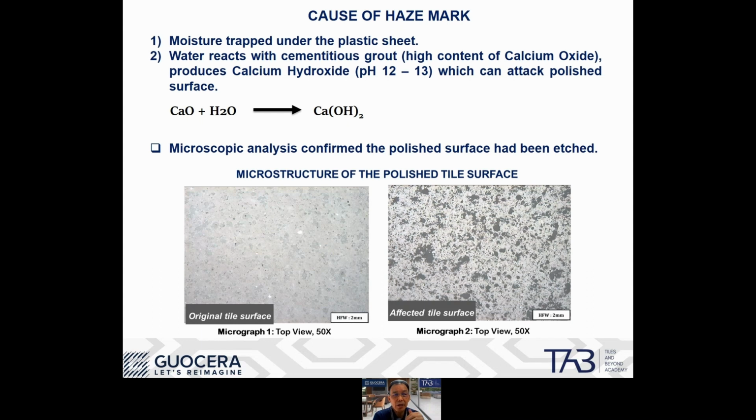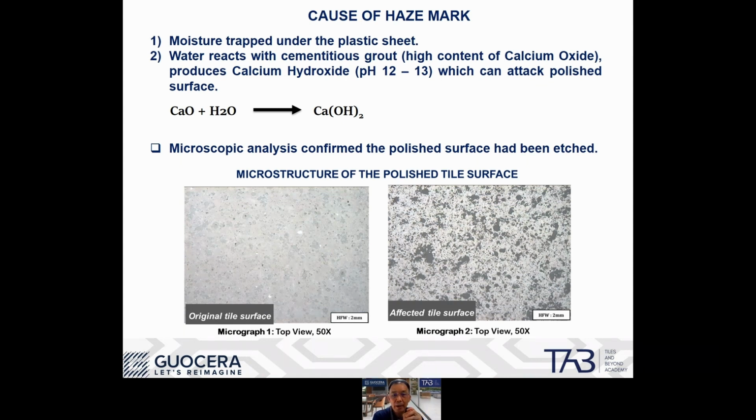When it comes in contact with water, it gives this reaction and forms calcium hydroxide, as you can see from the formula. Calcium hydroxide is a very corrosive compound, which attacks the polished surface.